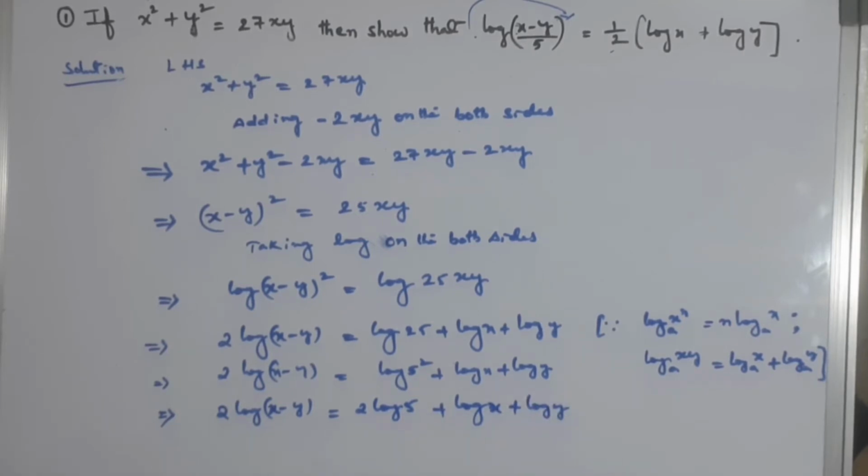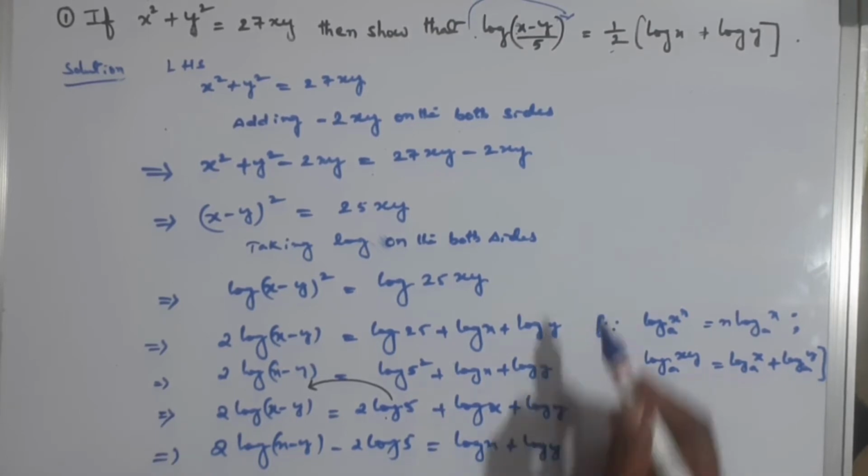Now transport this to this side, then I can write 2 of log (x minus y) minus 2 log 5 equals log x plus log y.